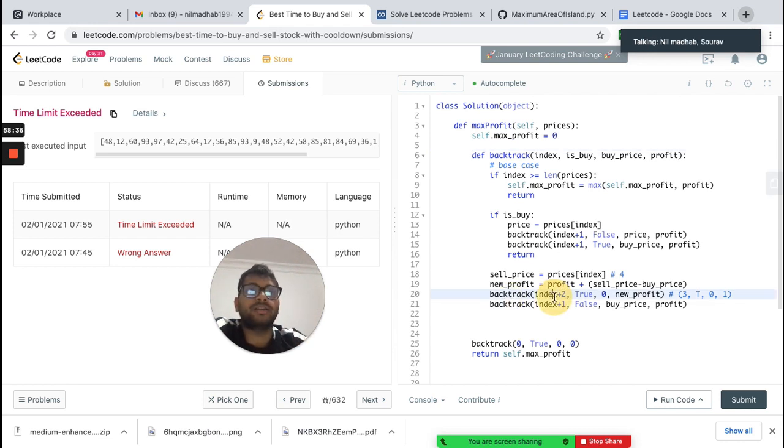This backtracking index, true, false, plus 1. So if we pass the profit as a result, then we can solve it. I'm not sure. Like we are doing it recursively. Can we make it iterative and then solve it?